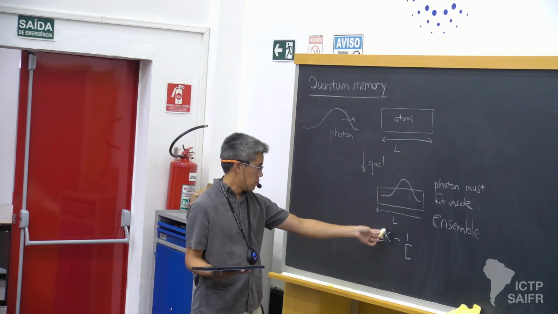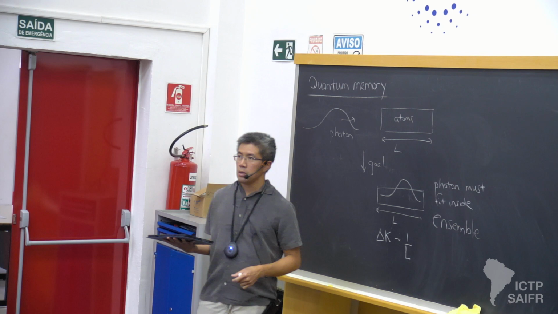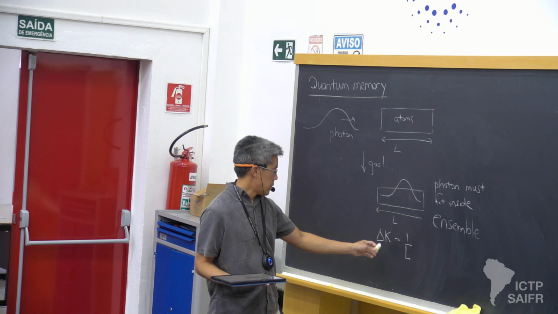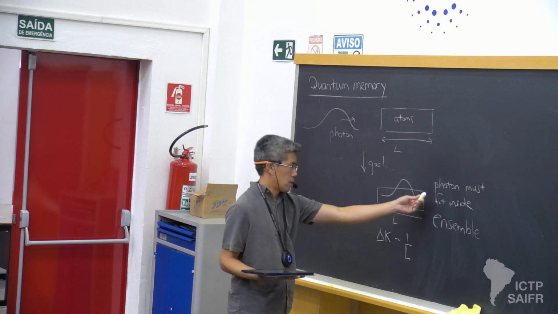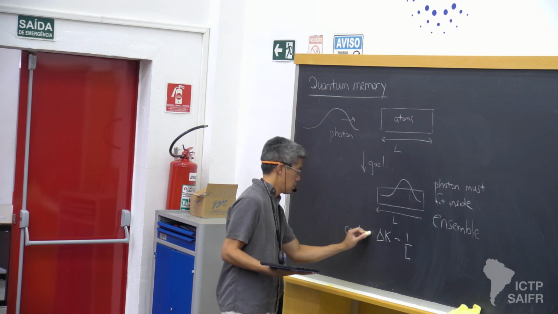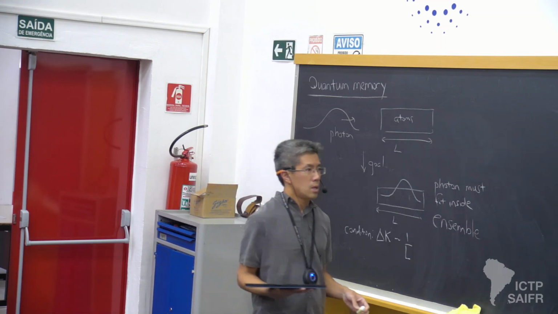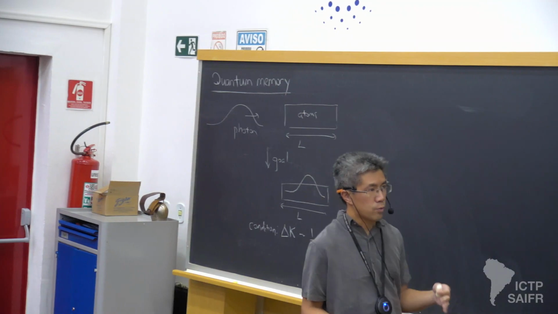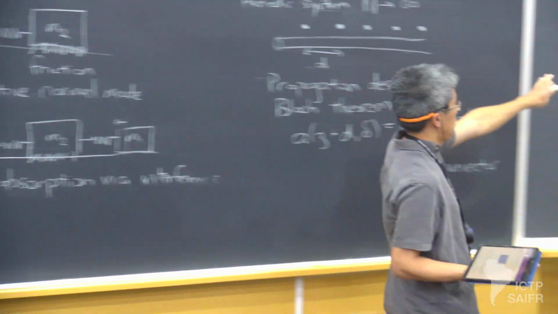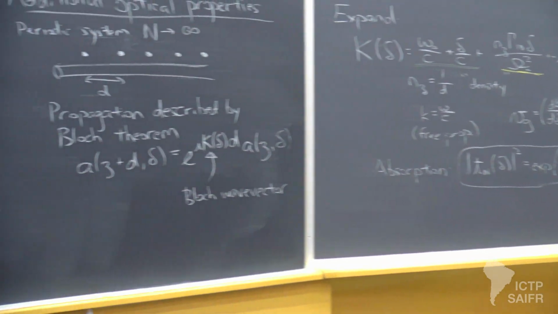So if the bandwidth in k space is smaller, my pulse is too long. Okay. And so, right, the fact that the photon must fit inside leads to this condition that delta k has to be on the order of 1 over L. And once I know the range of k vectors I need, I can plug it into my dispersion relation here to translate it into a range of frequency components.